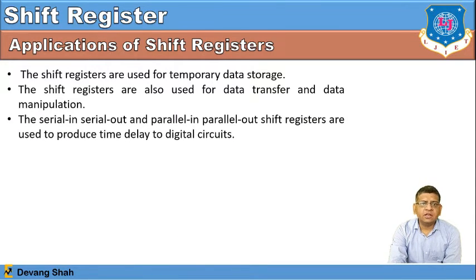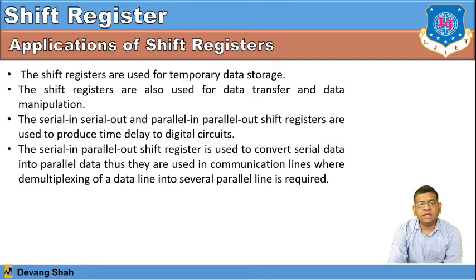The serial in serial out and parallel in parallel out shift registers are used to produce time delay in a digital circuit. So like in your smartwatch, you can generate a kind of delay, or you can switch on the timer. See, this is nothing but the function of shift registers, right? The serial in, parallel out shift register is used to convert serial data into parallel data.